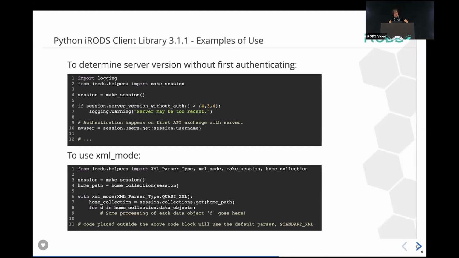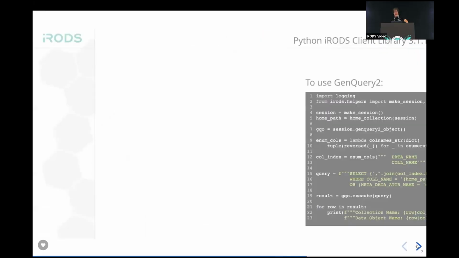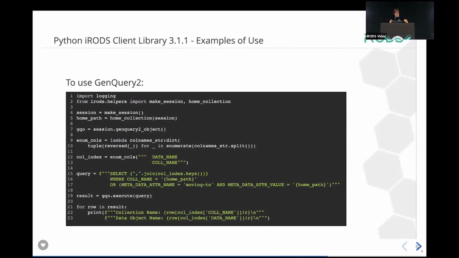You'll see on line 6, it's quasi XML we're using, and we may be doing that to protect against strange characters occurring in our collection or data object names. And finally, here is an example of how to use genquery2, the newer general query capability from the PRC.